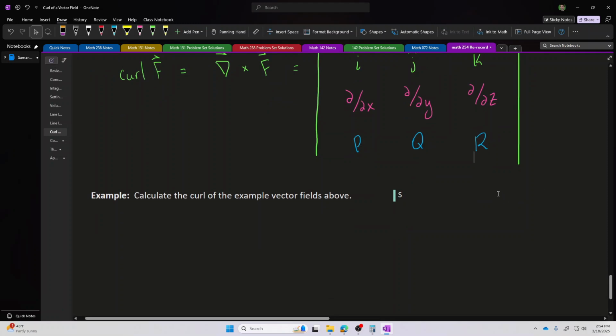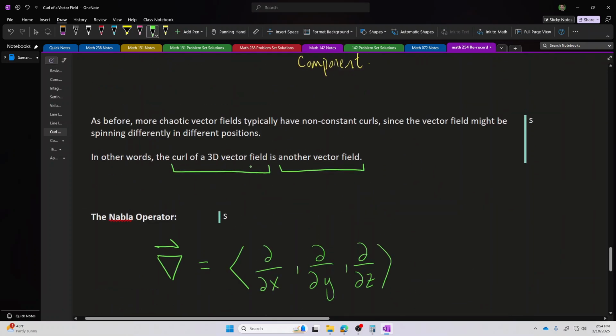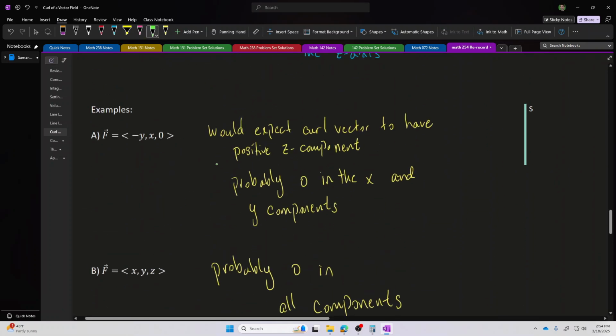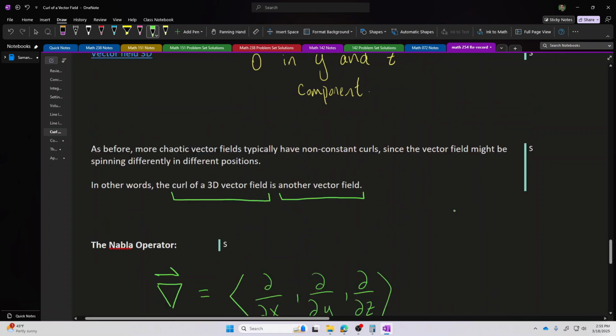So let's do a few example calculations of the curl, namely with the simple vectors that we gave in these graphical examples that we studied a little while ago. Let's start by calculating the curl for negative y, positive x, and 0.